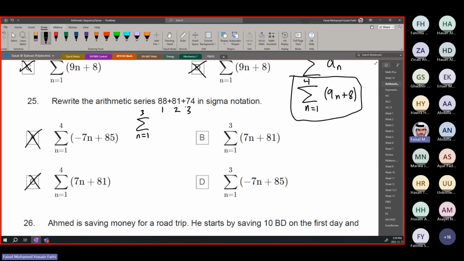Now we have to determine our AN equation. A1 is 88 plus n minus 1 times D. Our difference is minus 7. So AN is equal to 88 plus 7 minus 7n. Just give me a second.